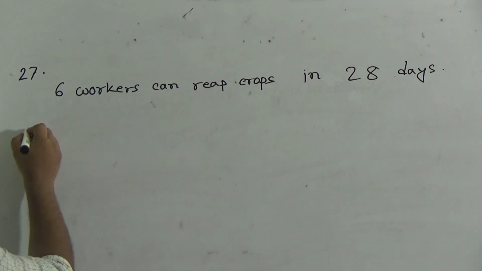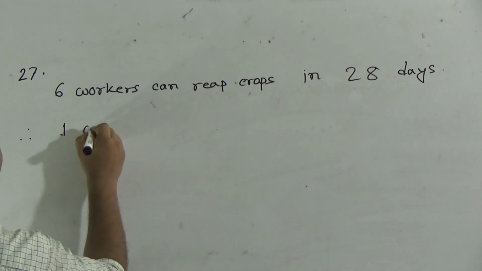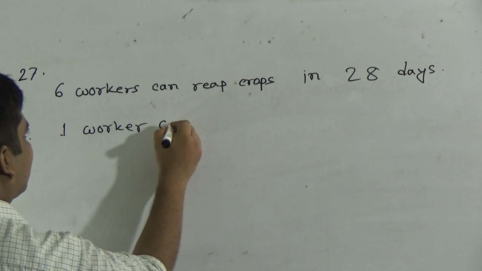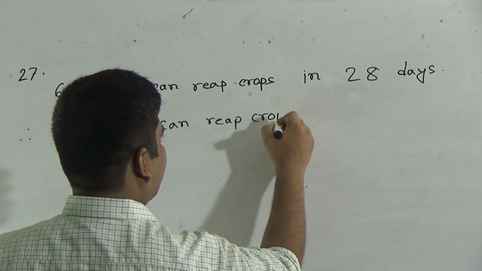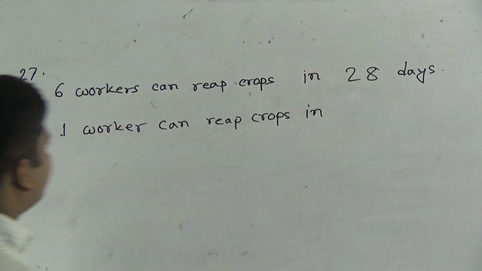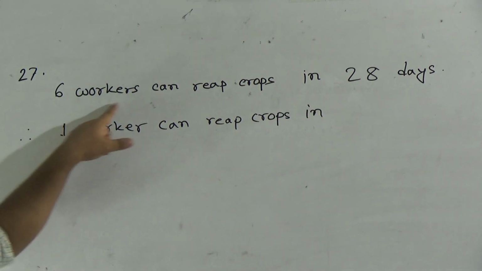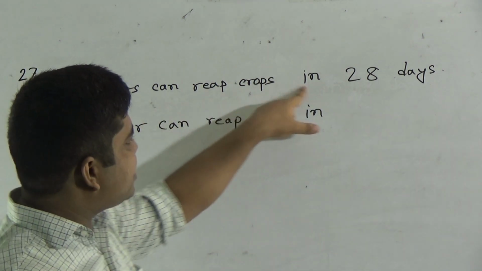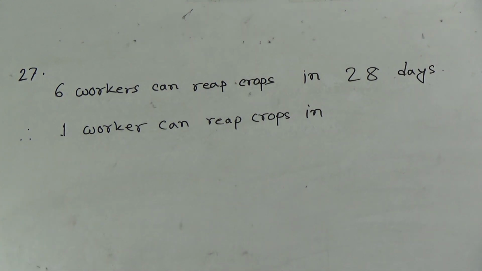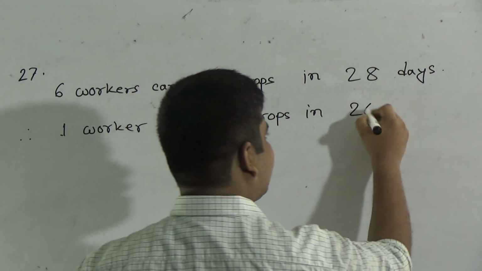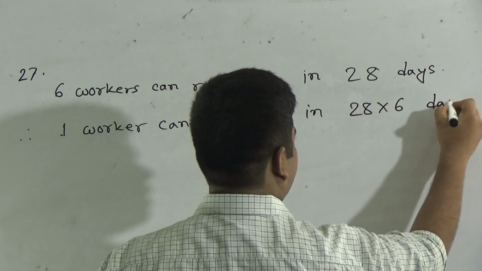Now we find in how many days 1 worker can reap crops. My dear students, notice 6 workers can reap crops in 28 days. If one person does the same amount of work, then more days will be needed. So we do multiplication here. That means 28 multiplied by 6 days.